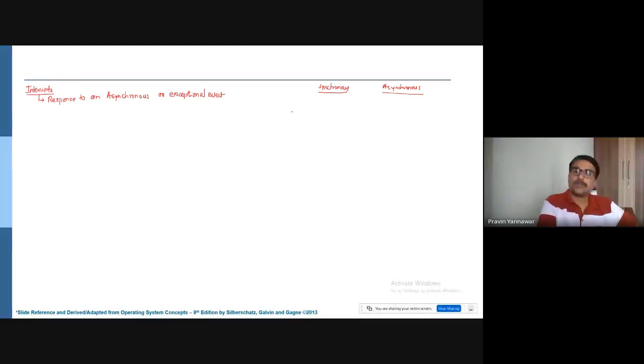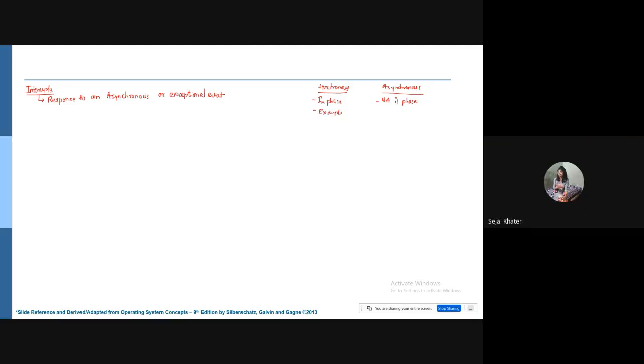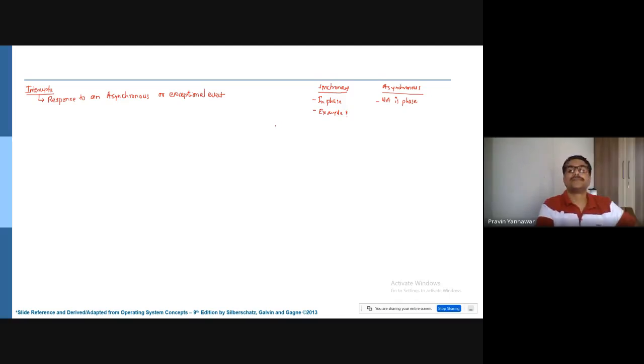One best example. In phase, not in phase. Can you tell me an example? Clock. Clock is synchronous.